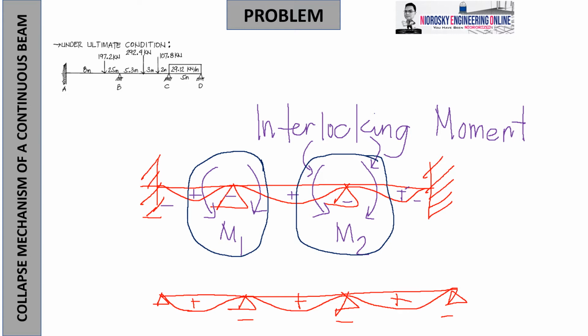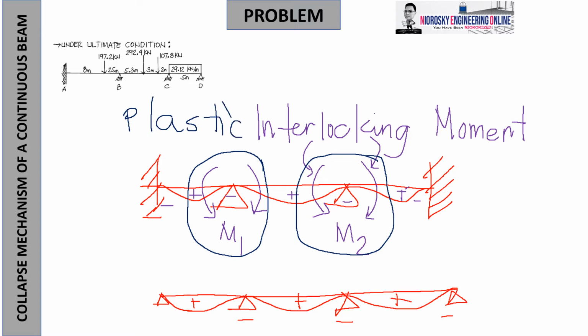Pero in a continuous span, there's what we call interlocking moment. Therefore, the moment is already suggesting an interlocking state, that there is a resistance doon sa ating point of the support interior. We're talking about interior. So therefore, if that's the case, then there should also be what we call interlocking moment under plastic condition, or we can call it the plastic interlocking moment.